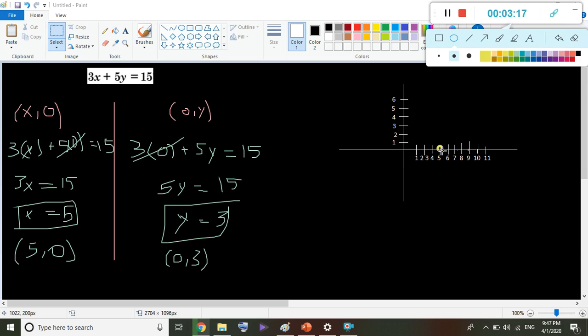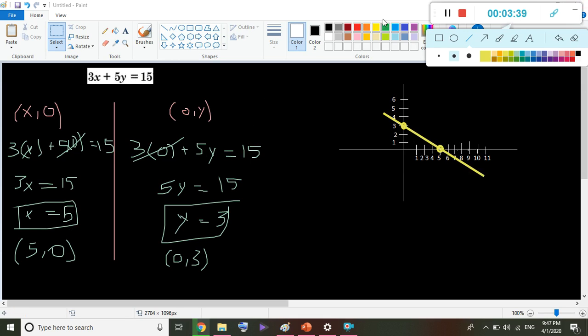And (0, 3) is going to be over here. So now we have 2 points, so it means we can easily make a line between them. It's going to be this line. This is how to graph using the standard linear equation that we have.